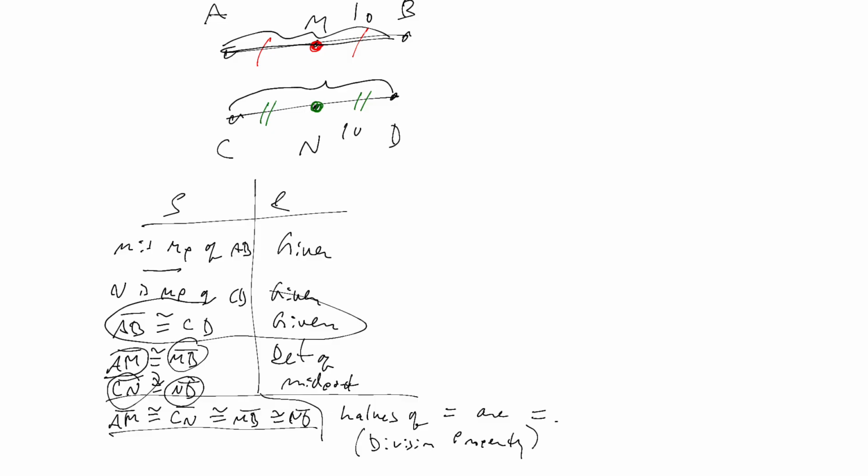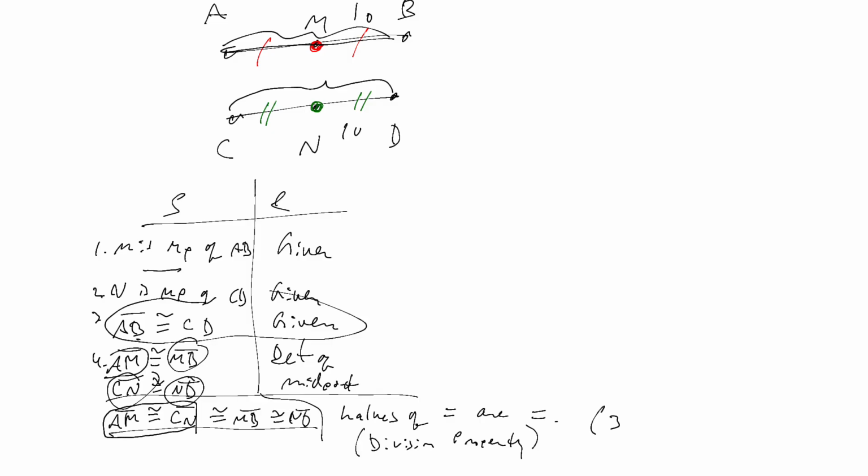So we say halves. We take the fact that AB is congruent to CD. If I were to put numbers here, 1, 2, 3, 4, I would say it was step 3 that I used, at least to say this part.